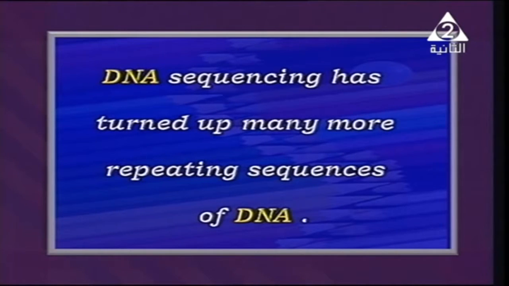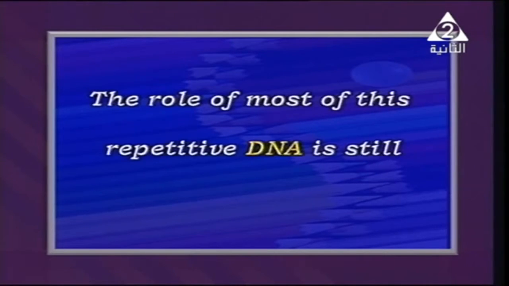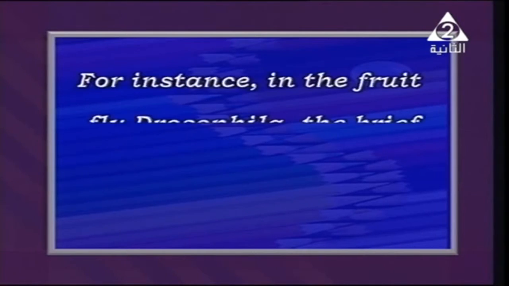Sequencing has also turned up many more repeating sequences of DNA, and the role of most of this repetitive DNA is still unclear, as we said before; we haven't yet studied its main role inside your body.